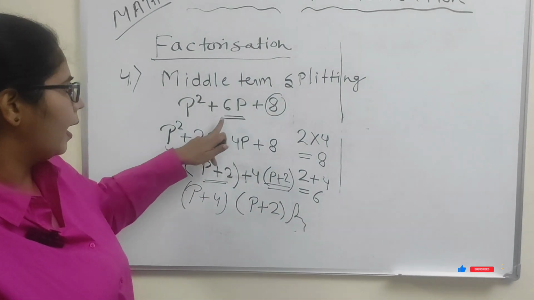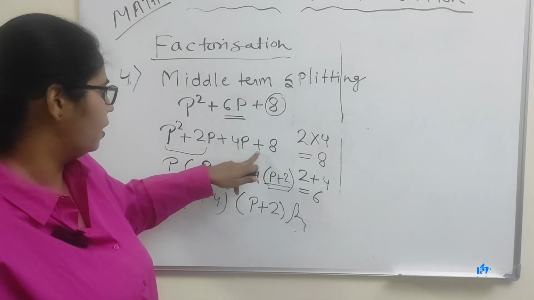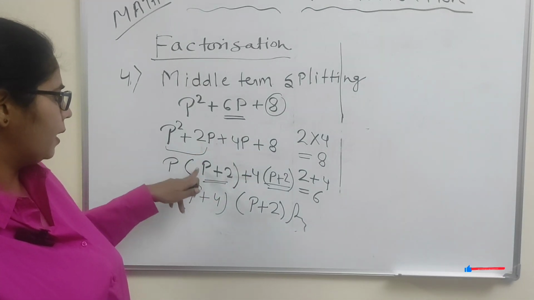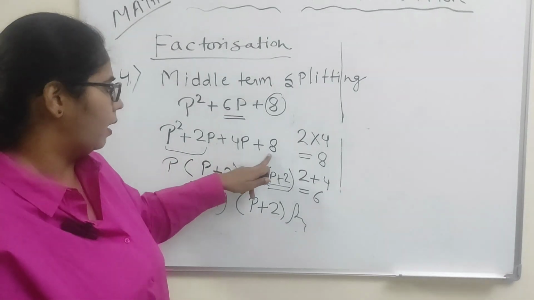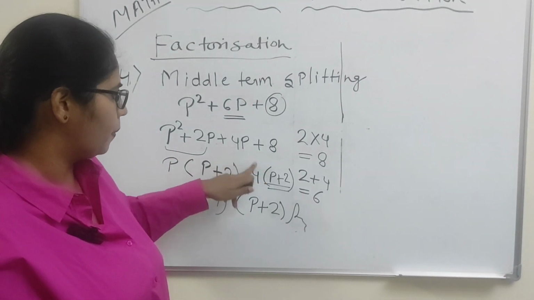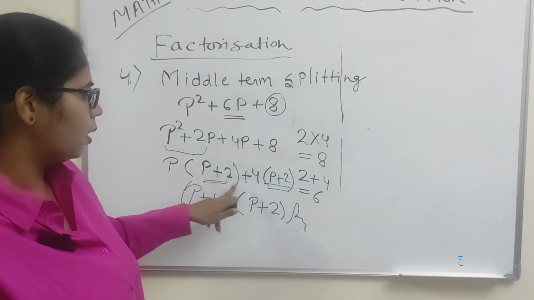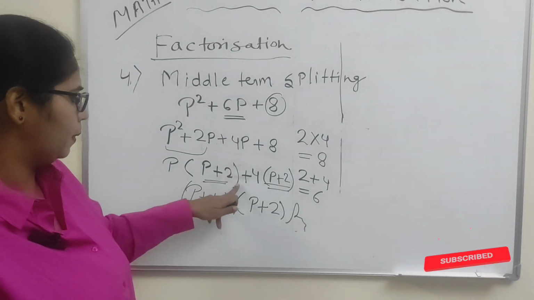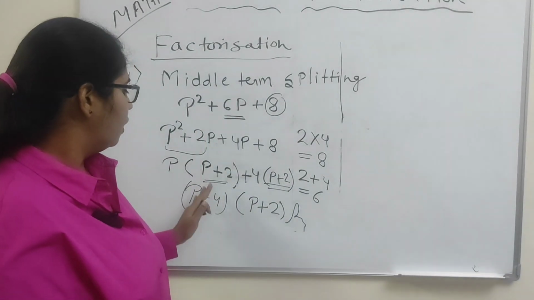So I wrote p square, split the middle term as 2p plus 4p, plus 8. I took the common p and inside is p plus 2. From the second group I took the common term 4 and inside is left p plus 2. Okay, p plus 2 is the same, which means I did it correctly. So our one factor is p plus 4 and our other factor is p plus 2.